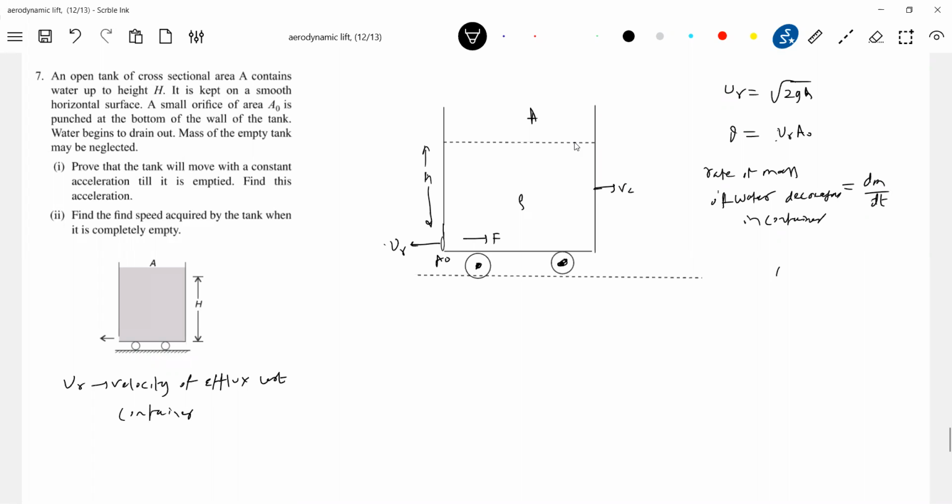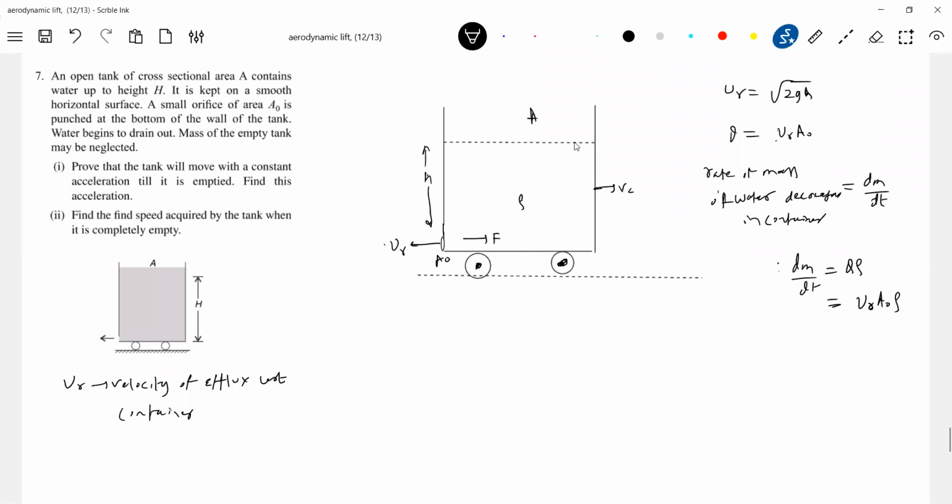So dm by dt equals Q into rho. Q is the volume of liquid that is emerging per second, into density, I'll get dm by dt. So what is it? UR A naught into rho. Keep this in mind.